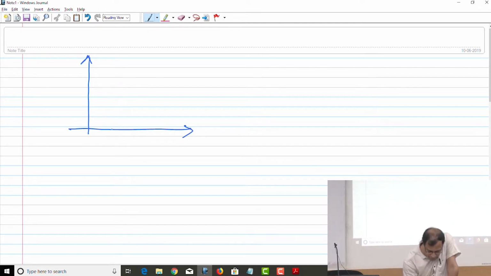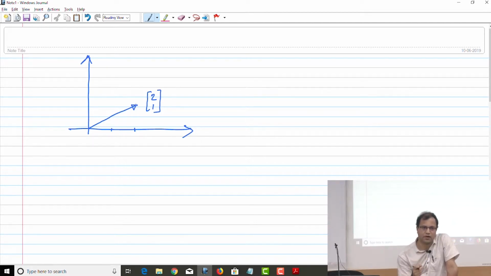So this is my vector (2, 1), which I will denote by this arrow starting from the origin to that particular point.